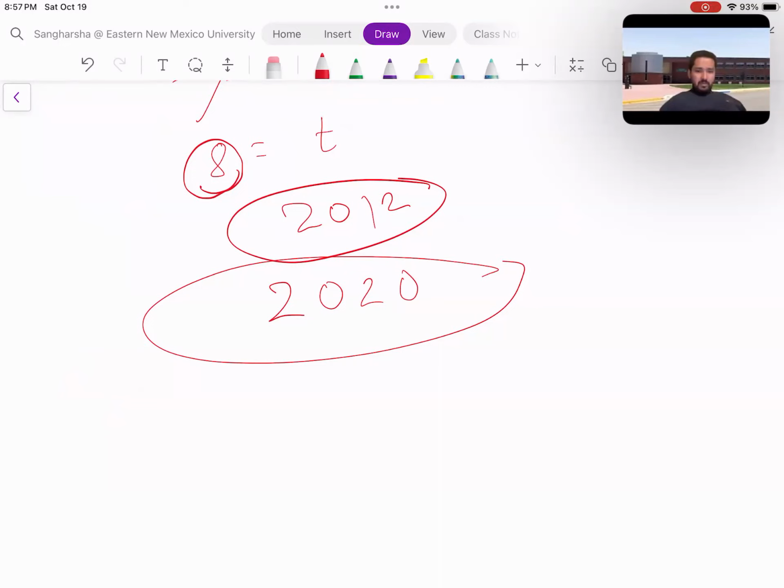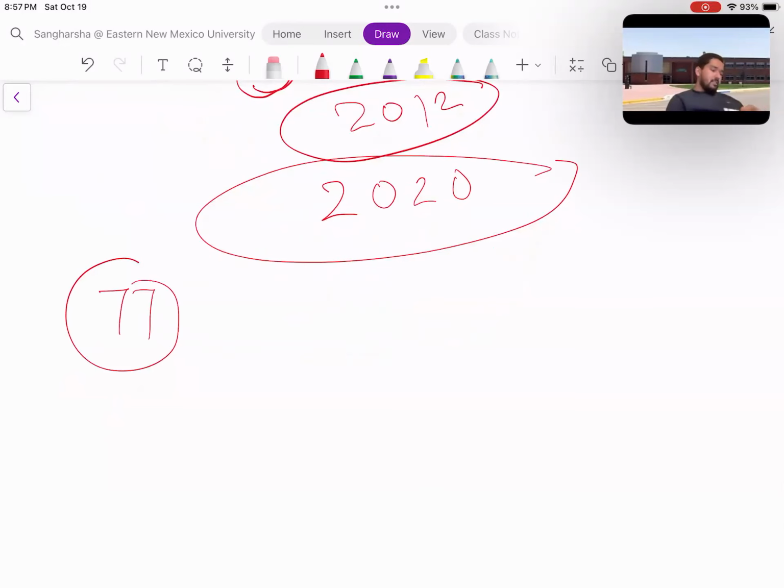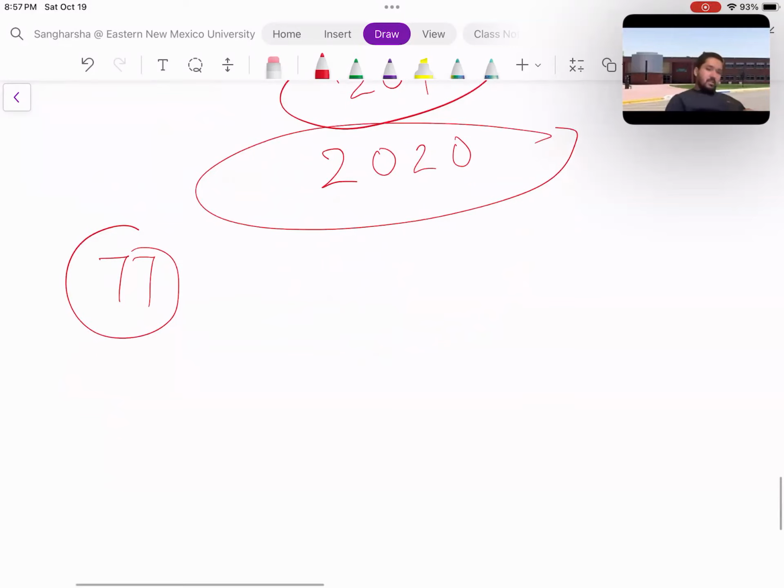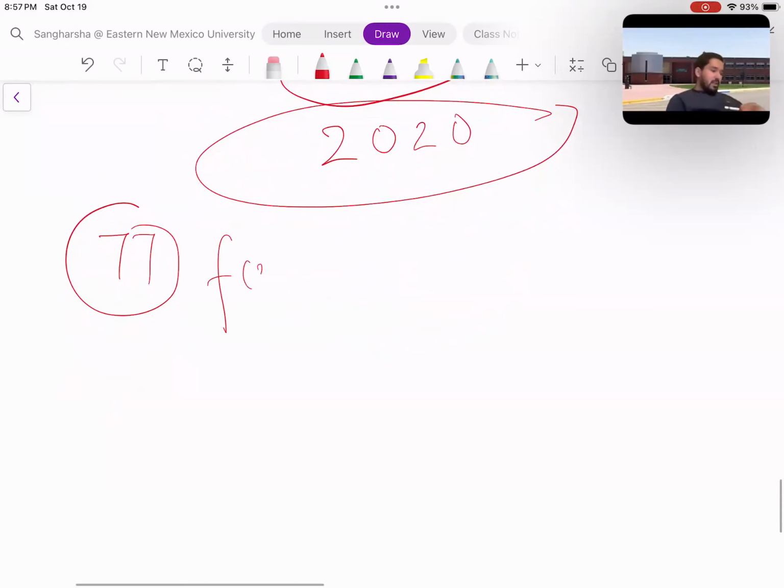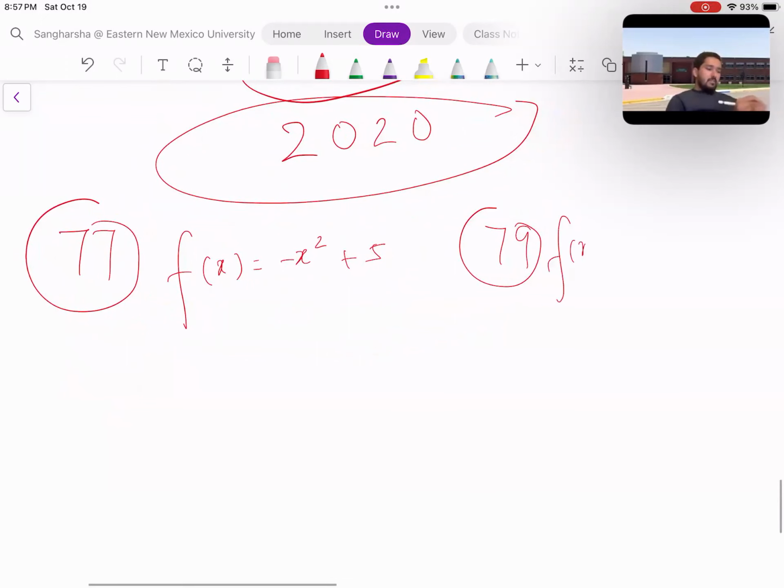In number 77, we need to decide whether the function is odd, even, or neither. We are doing 77 and 79. In 77, we have f of x equals negative x squared plus 5. And in 79, we have f of x equals negative 3x to the power 5 minus x.